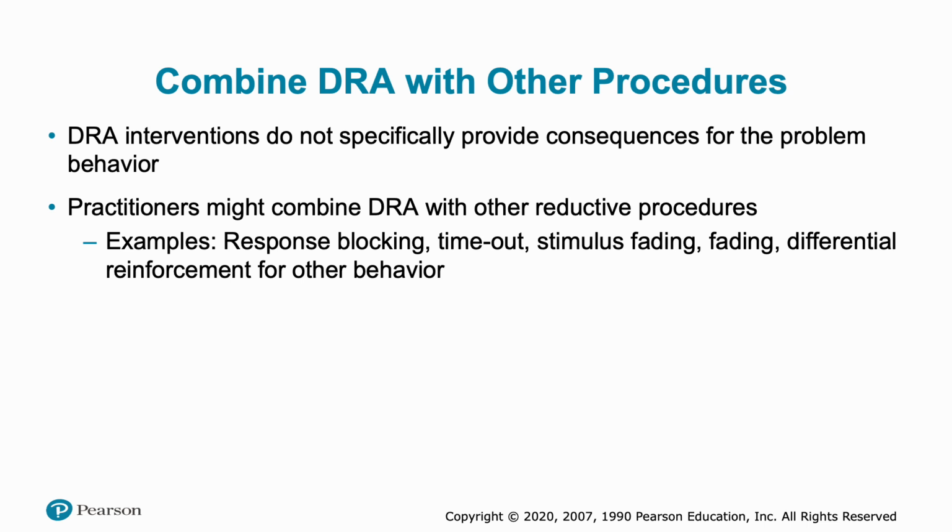So they might decide to use a differential reinforcement of alternative behaviors where they're reinforcing the alternative behavior really heavily, and then the maladaptive behavior or the problem behavior is resulting in some other consequence, which could be response blocking, or it could be timeout, it could be stimulus fading, or differential reinforcement of other behavior. Okay, so sometimes you might have to combine your differential reinforcement procedure with another procedure like a punishment procedure to make that behavior go down in its entirety.